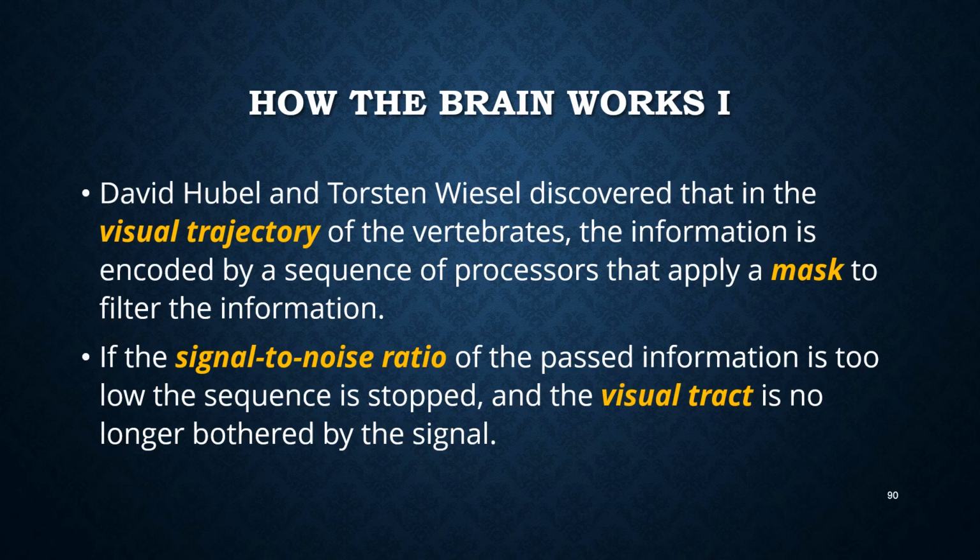They discovered that in the visual trajectory of the vertebrates, the information is encoded by a sequence of processors that apply a mask to filter the information. If the signal-to-noise ratio of the passed information is too low, the sequence is stopped, and the visual tract is no longer bothered by the signal.